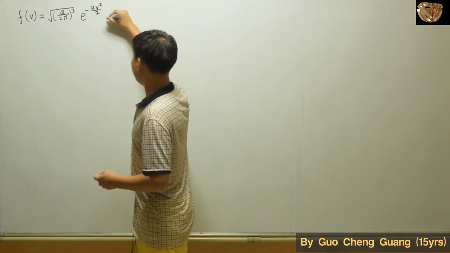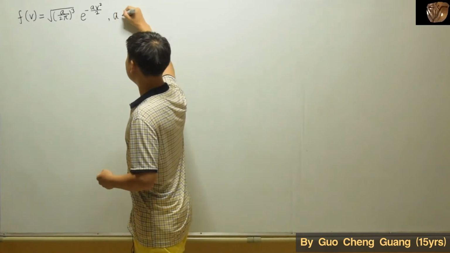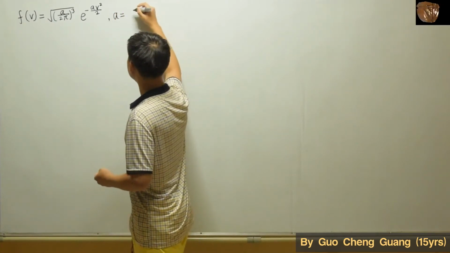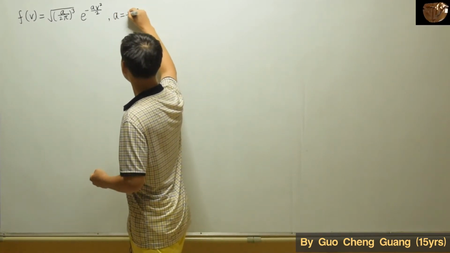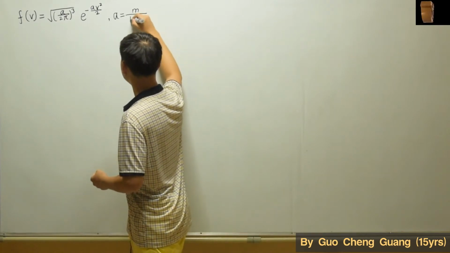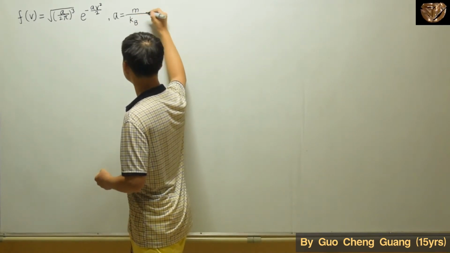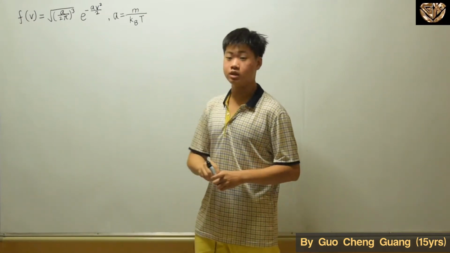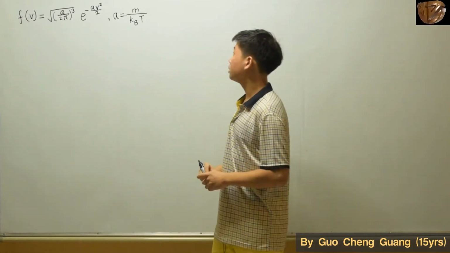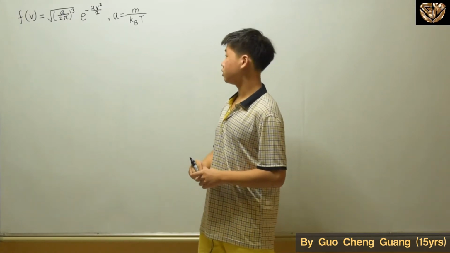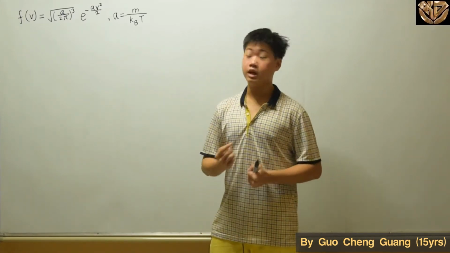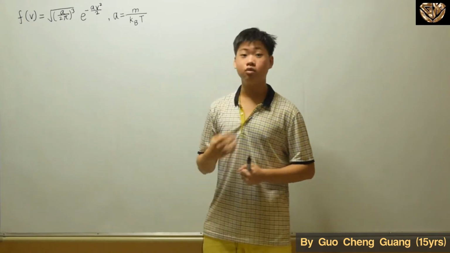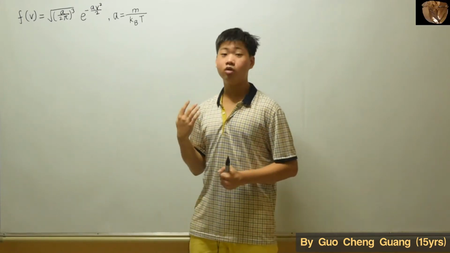Here a is equal to m over your Boltzmann constant multiplied by T, and T is the temperature in Kelvin. This is what we have from the previous lesson. Again, if you really want to find out how you get A, you have to wait for future lessons.